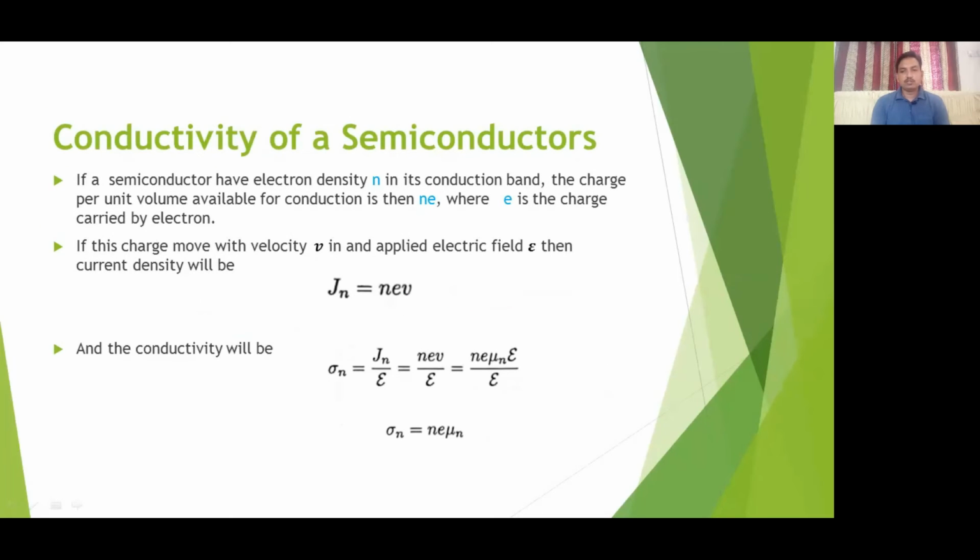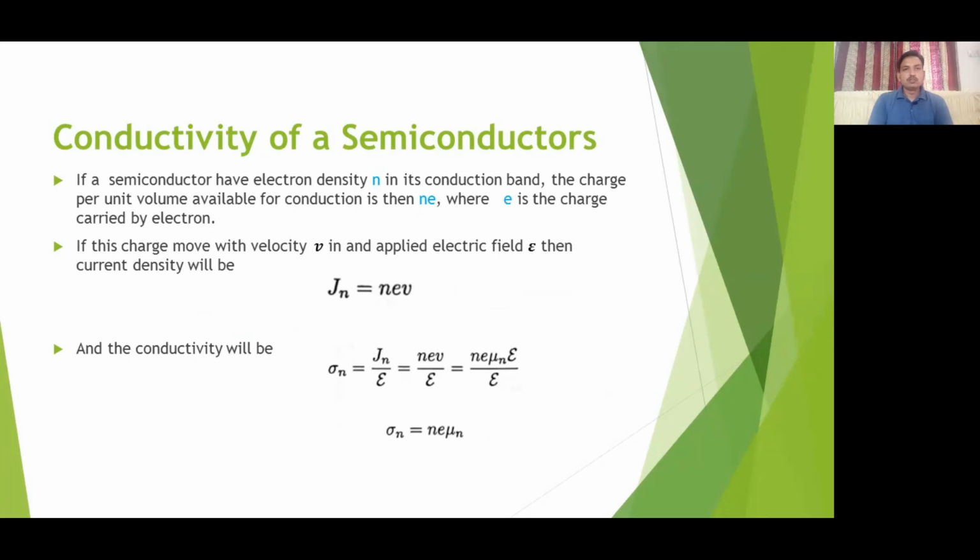So this is our discussion about mobility. Now we come towards our last point, which is the conductivity of a semiconductor. Conductivity defines how good a conductor a material can be. You can define it using specific mathematical parameters.